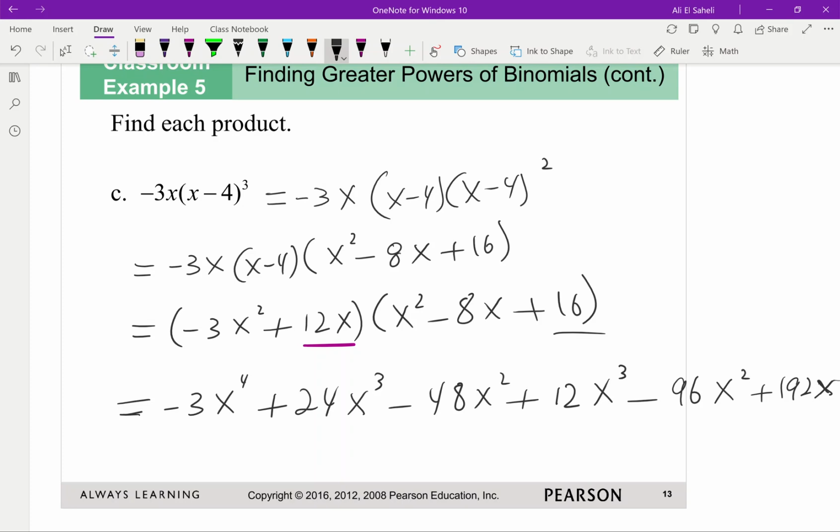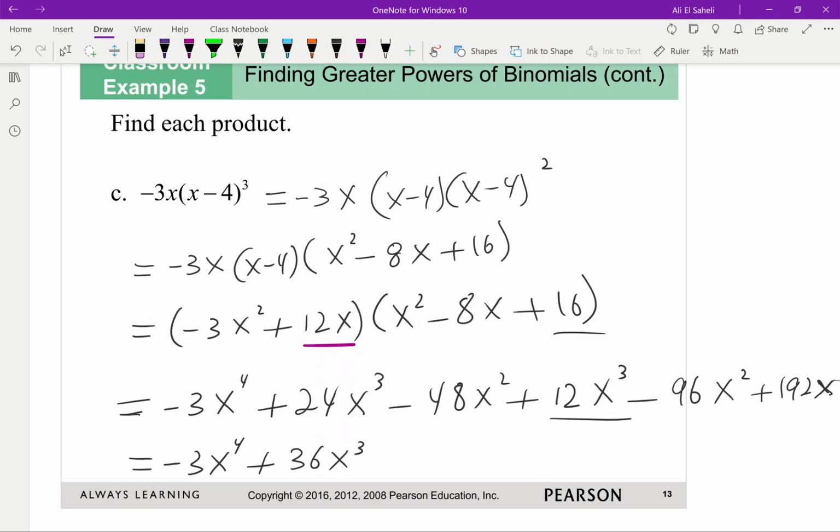Collecting like terms: minus 3x to the 4. 24 plus 12, so that's 36x cubed.